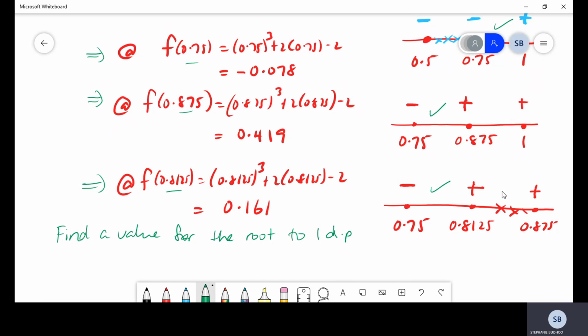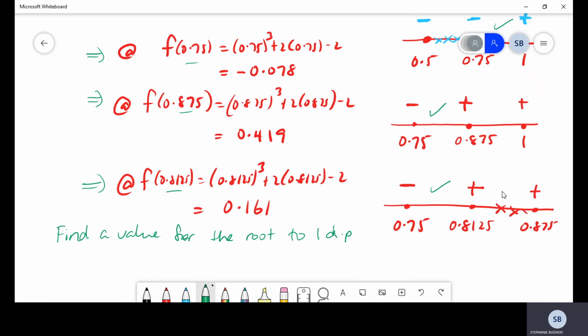Now, if you look at 0.875 and then you look at 0.8125, 0.875 approximates to 0.9, and then 0.8125 approximates to 0.8. So you might want to continue testing further between these two regions here. One more step would lead to another value that, when it approximates, goes closer to 0.8.